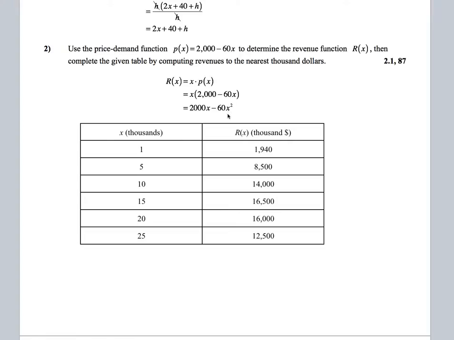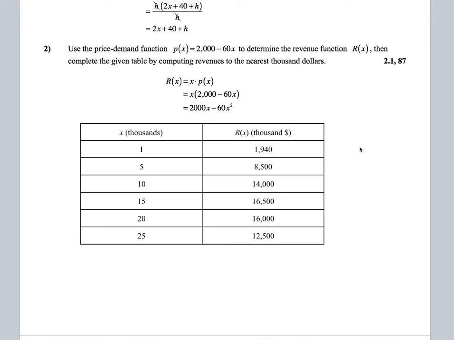I then substitute each of these values into X in this function, and that gives me, the first value is given, 1,940, and when I substitute 5, that gives me $8,500. When I substitute 10, that gives me 14,000, and so on through the rest of the table. We've done this question a couple of times in class, separate from this practice exam.